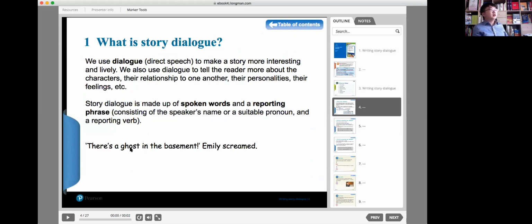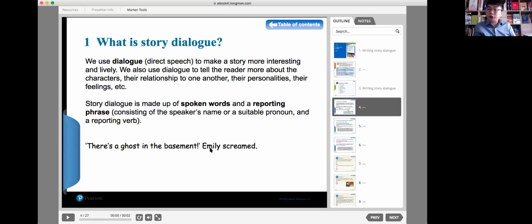So look here. This is an example. "There's a ghost in the basement," Emily screamed. This is a dialogue. It is made up of spoken words, and also a reporting phrase.